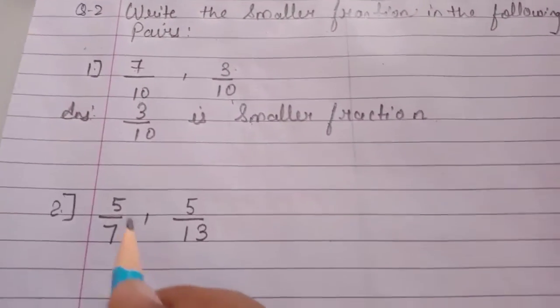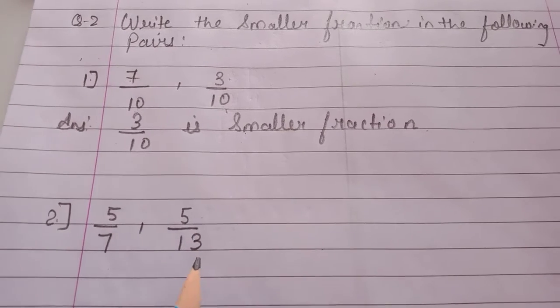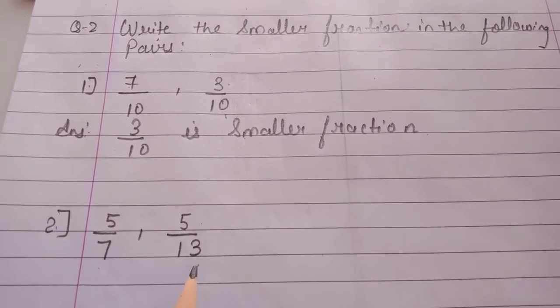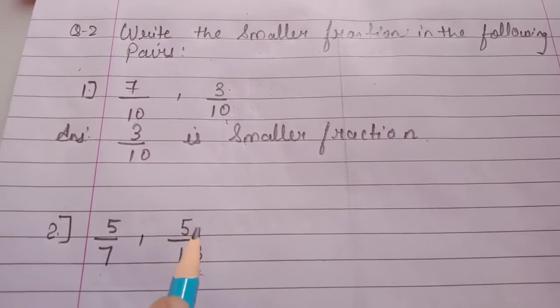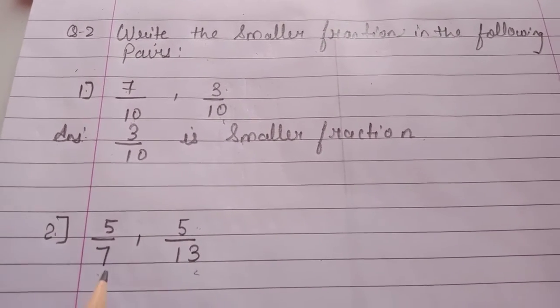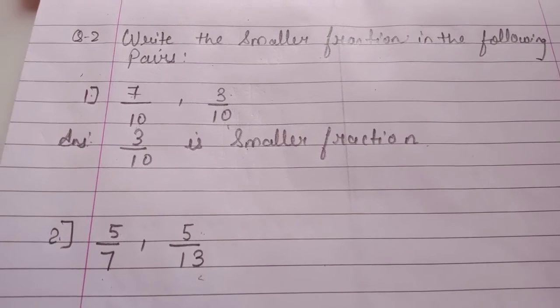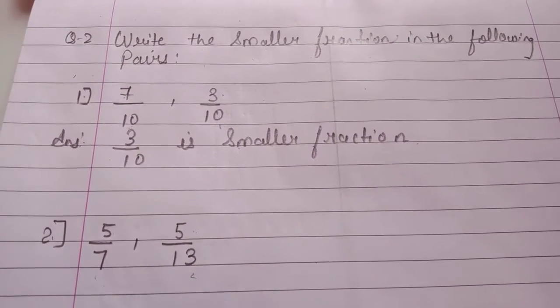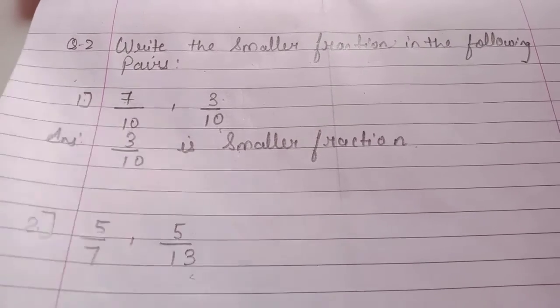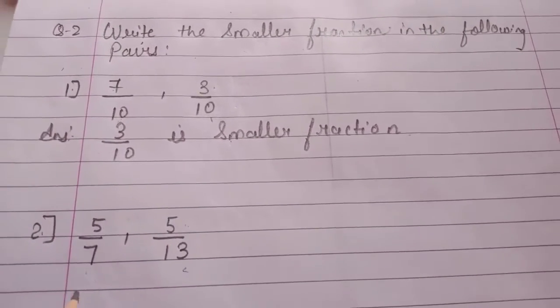Now number 2, 5 upon 7 and 5 upon 13. Here in both the fractions the numerators are same. So when numerators are same, we will compare the denominators; the one with the smaller denominator is greater. Here we have to find the smaller fraction.